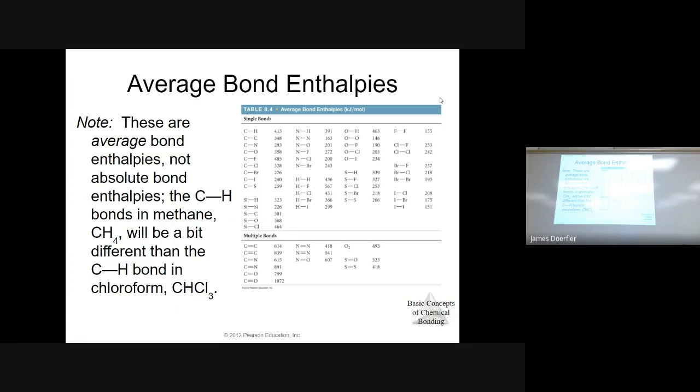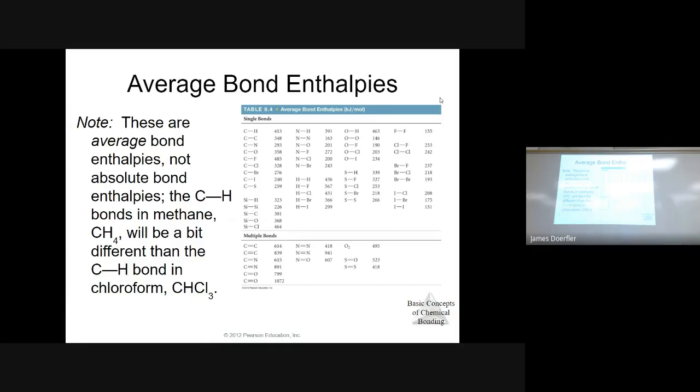But if we were to look at the carbon to hydrogen bond in methane compared to the carbon to hydrogen bond in chloroform, the amount of energy that is required to break those bonds is going to be slightly different. So scientists created the data so that we can just use the averages to get a pretty good idea of what we could expect the energetics to be in a chemical reaction.